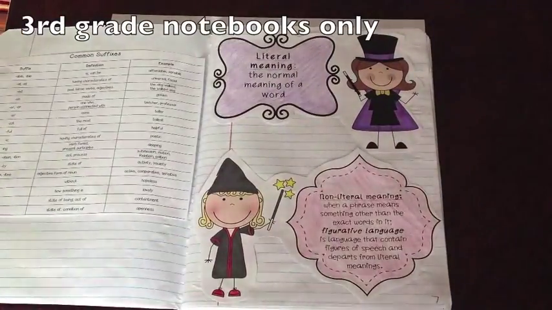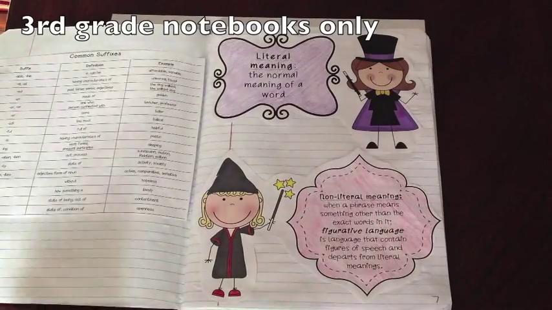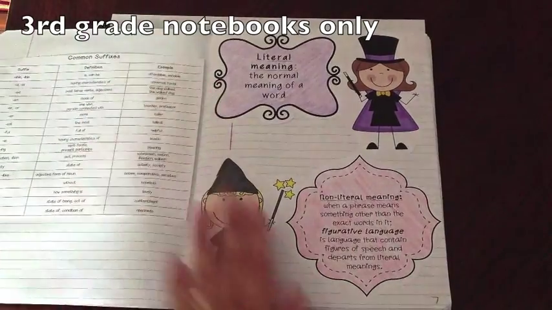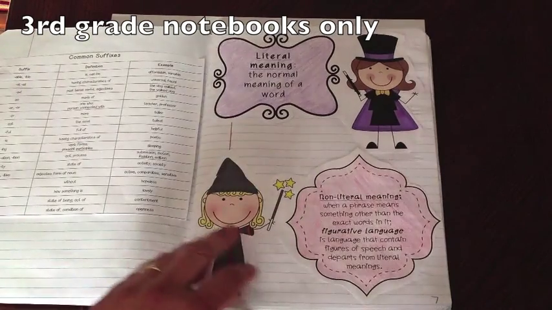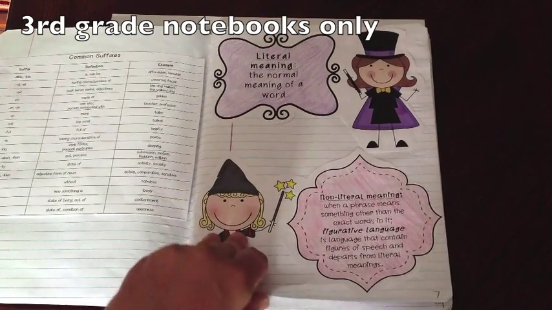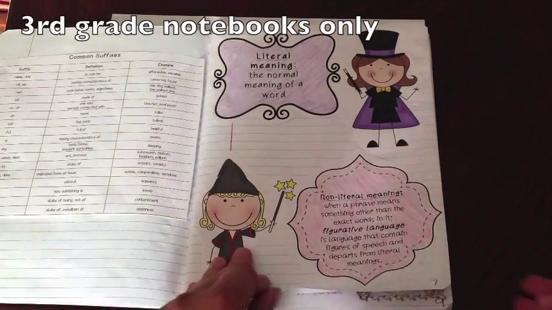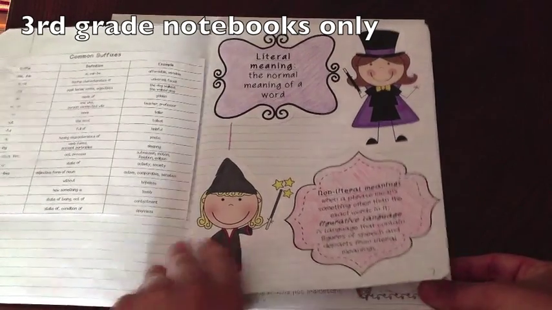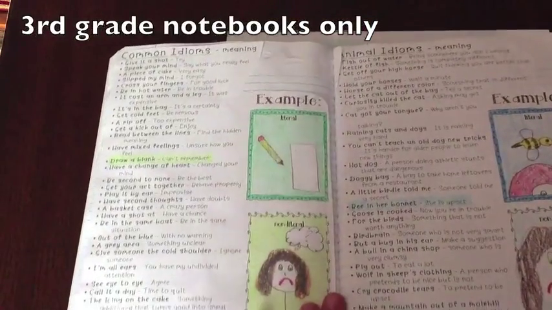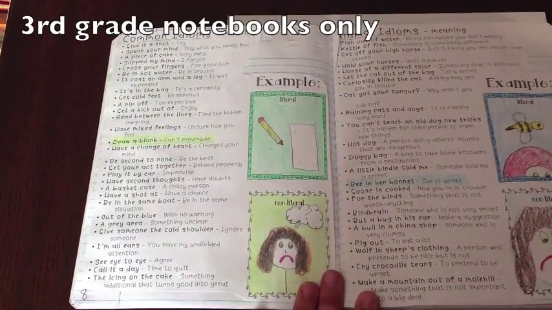Third grade notebooks will have the difference between the literal meaning of a word and a non-literal meaning of a word. We'll be investigating some non-literal meanings. And a great example of words that you compare the literal and non-literal meanings of are idioms.